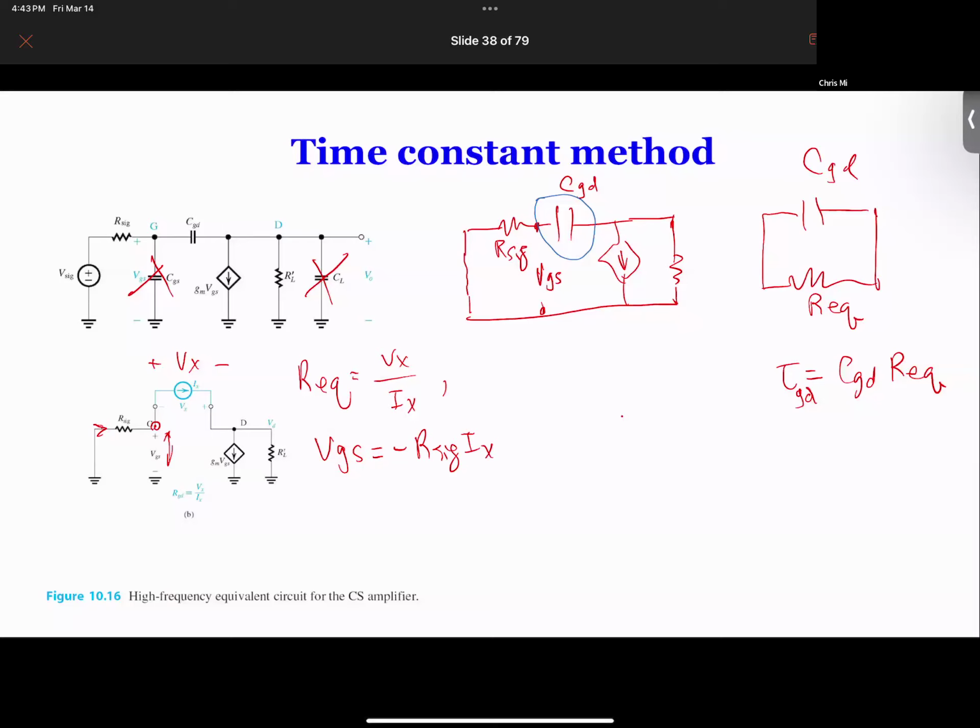Okay, so now at node D, we need to write the node equations. At node D, we have IX going in, and then we have GM times VGS coming out, and then we have VD divided by RL prime. Now we can plug in VGS over in this equation.